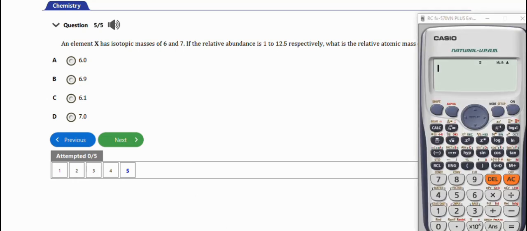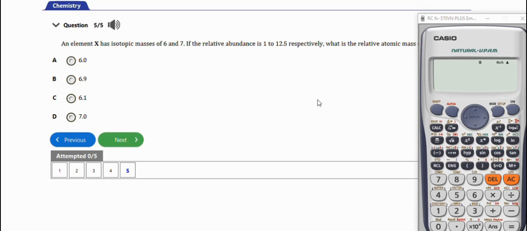We are going to go through the route of percent abundance. The question is telling us that the relative abundance is 1 to 12.5.